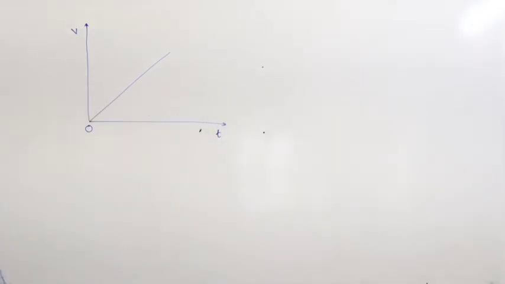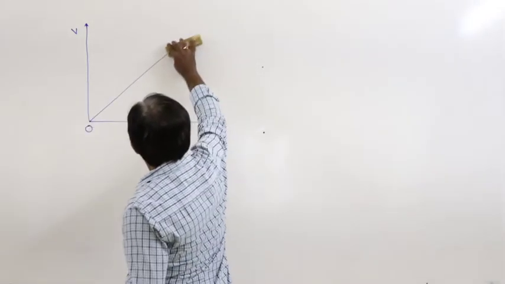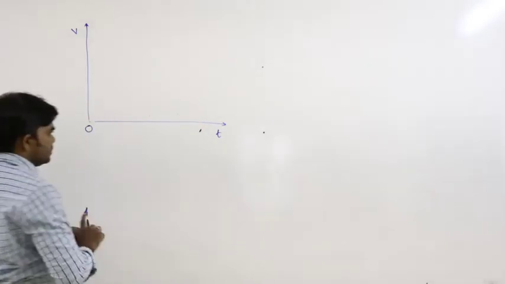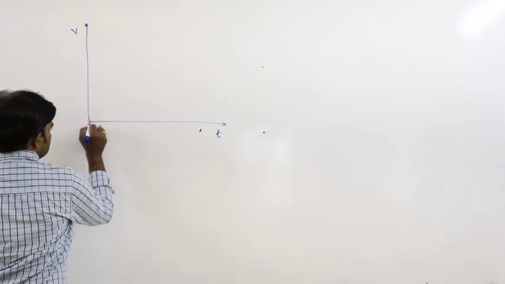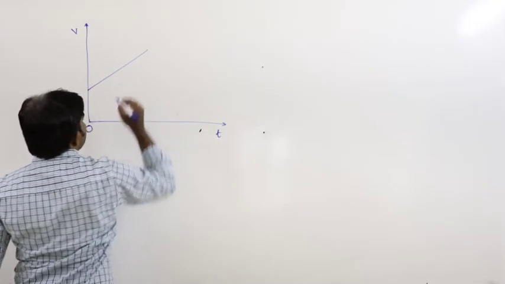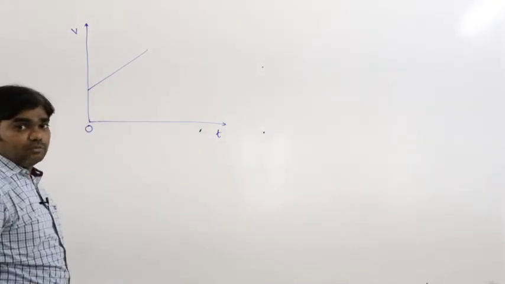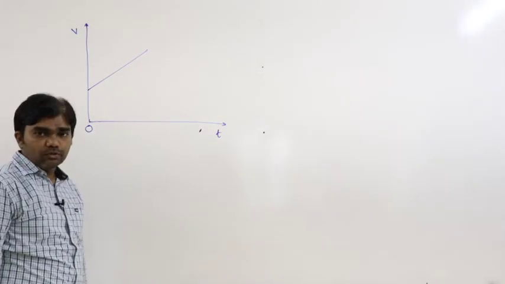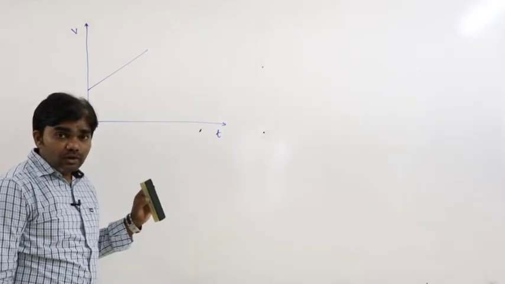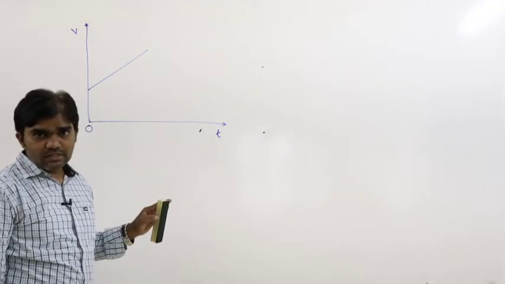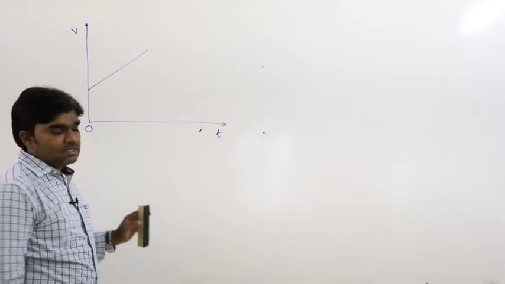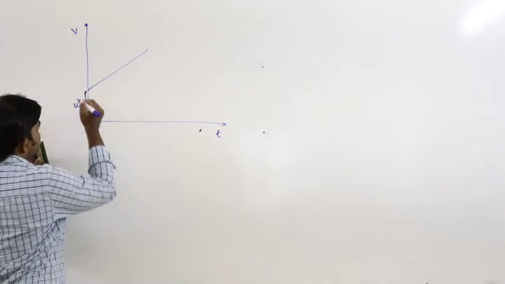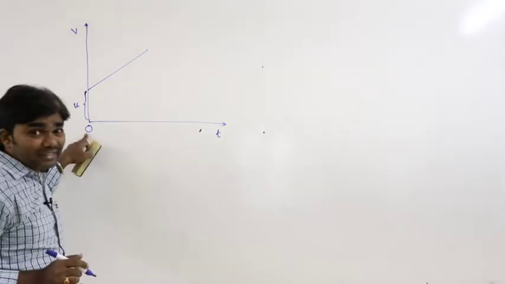For example, instead of the body starting from rest, if the body starts with certain initial velocity and moves with uniform acceleration, this is the initial velocity at the start of the time.